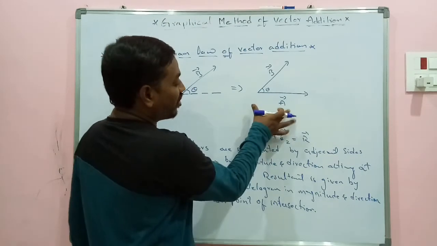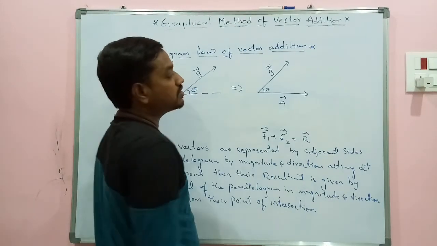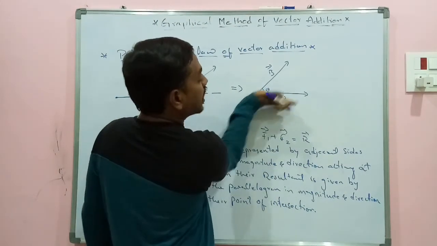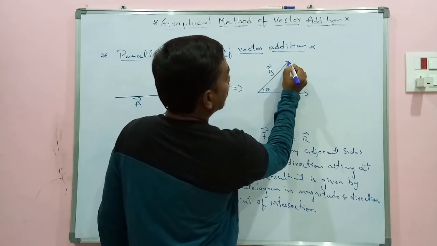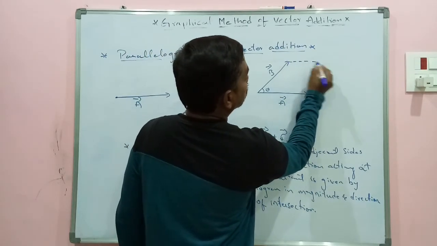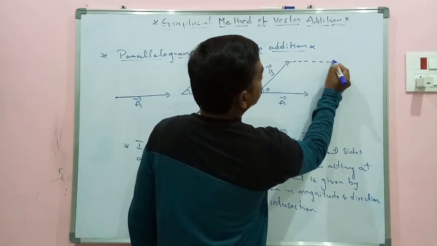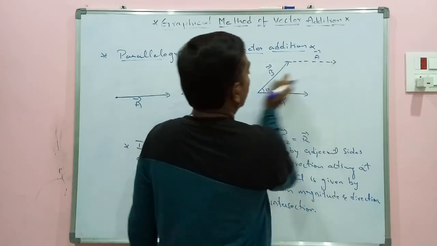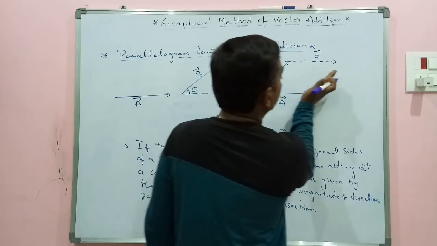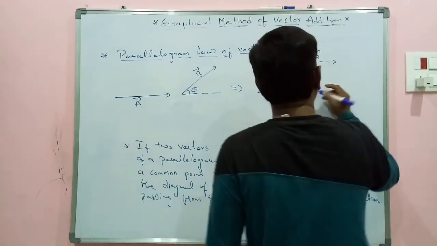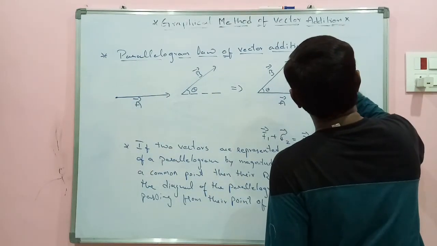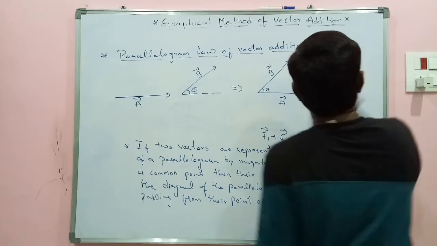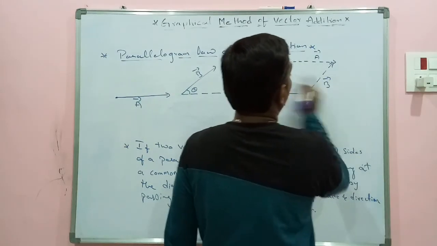Now if I draw a parallelogram using these two, this vector A can slide up till here. This will be vector A as they both are parallel, and this vector B can slide till here, which is again parallel to vector B. This also will be vector B. Now I completed the parallelogram.